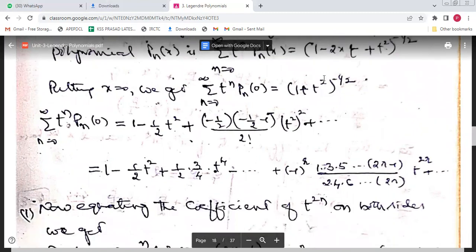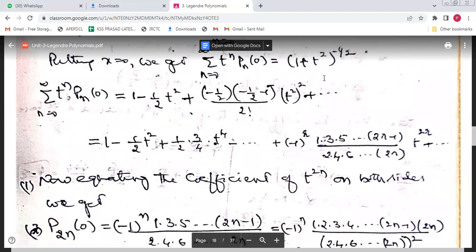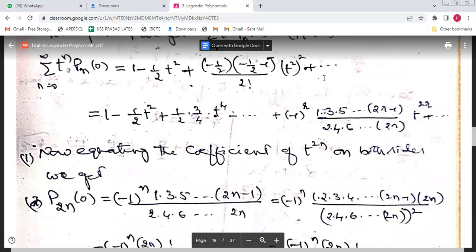Now equating the coefficients of t power 2n on both sides, we get Pn at 0 equal to (-1) power n times 1 into 3 into 5 etc. (2n - 1) divided by 2 into 4 into 6 etc. 2n. Okay, so (-1) whole power n.